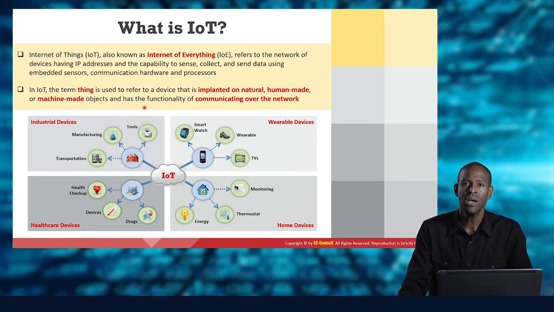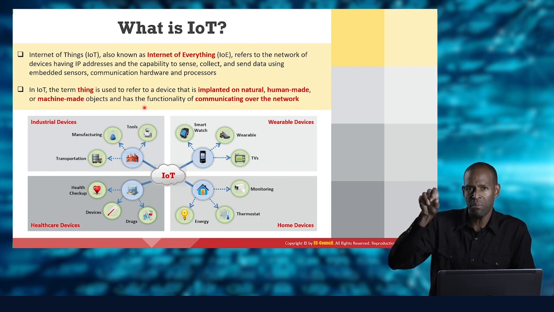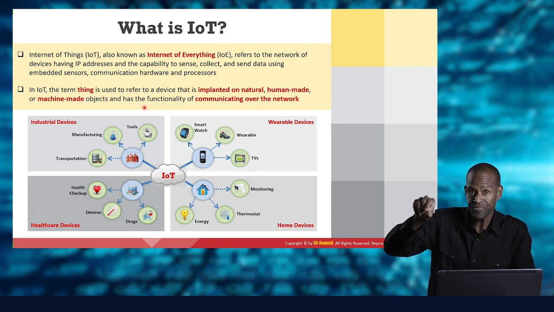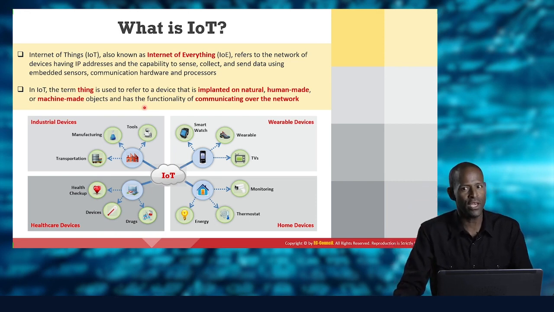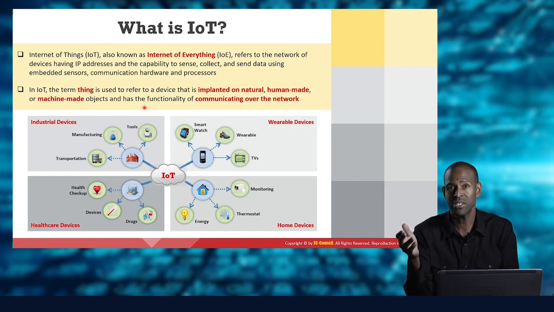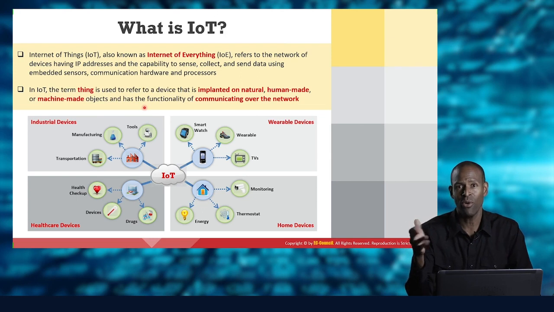Like for instance, you can implant a device, you push it into a tree, and it'll track tree growth and tree health. So you can even put them in natural objects, or you have a dog collar, and you get information on the location and the disposition of an animal. We have IoT devices that track wildlife. One of the fun things that you can do is you can go to YouTube and type in, I think there's one for eagle.